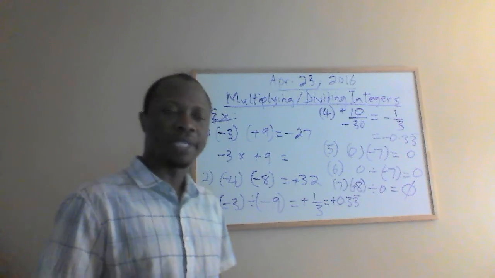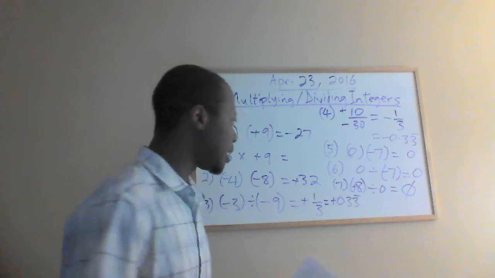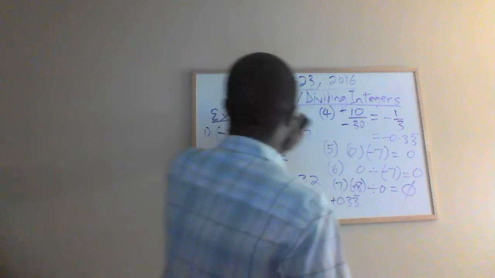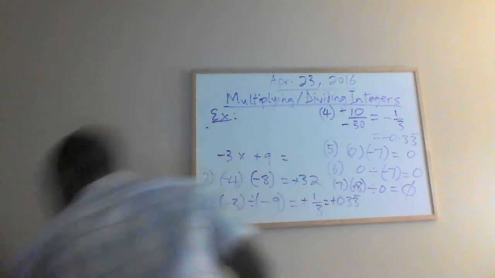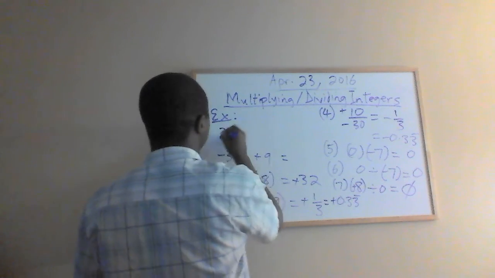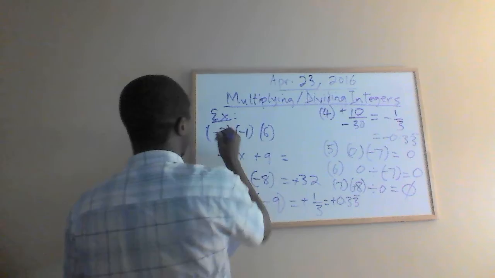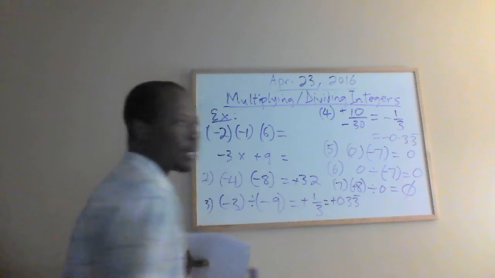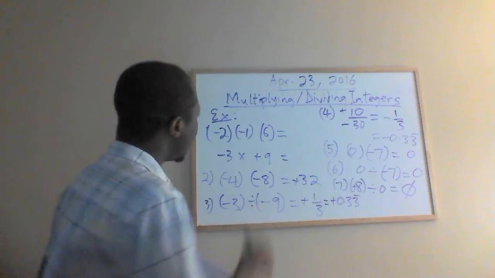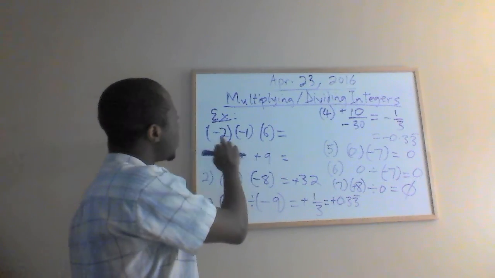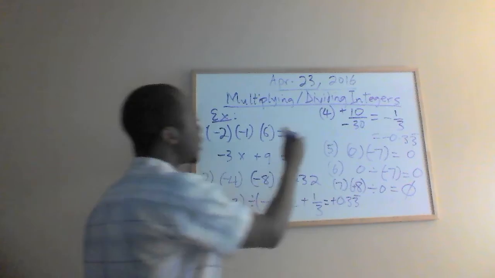What if we're given a multiple multiplication situation? Let's say 2, negative 1, and 6. You just follow the same rules here. This we already know is positive. We multiply the three numbers: 2 times 1 is 2, times 6 is 12.